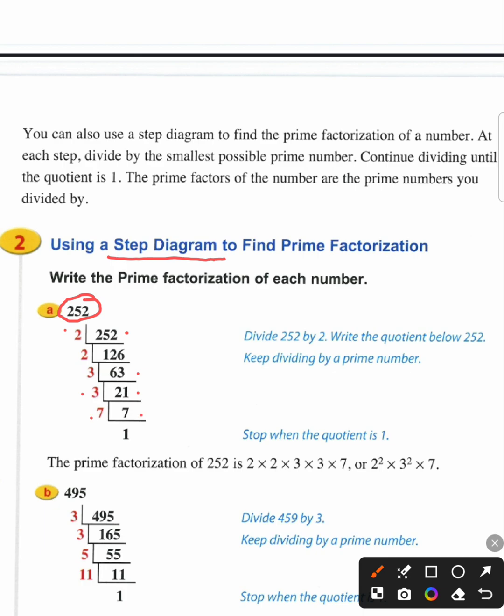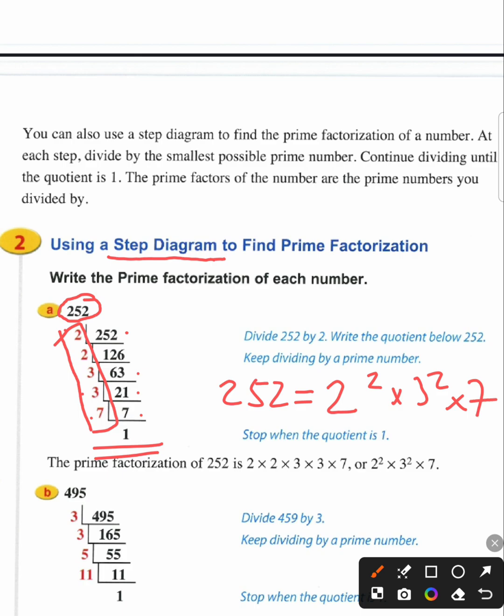And 7 divided by 7, you are at the end, the quotient is 1. So the prime factorization of 252 is 2 times 2 times 3 times 3 times 7. It will be these red numbers. So 2 to the power of 2 times 3 to the power of 2 times 7.